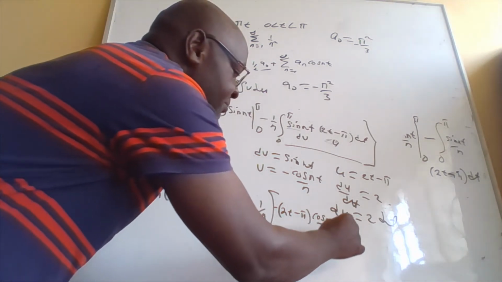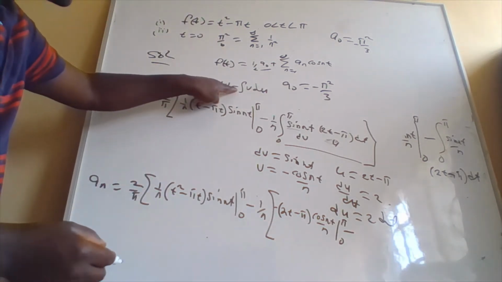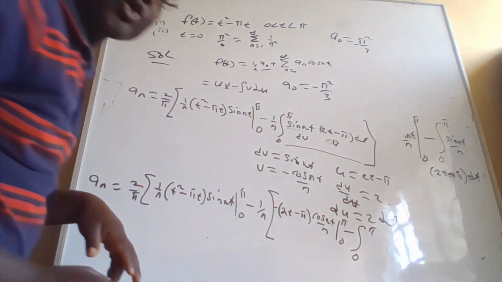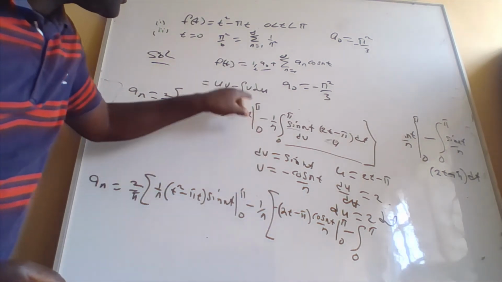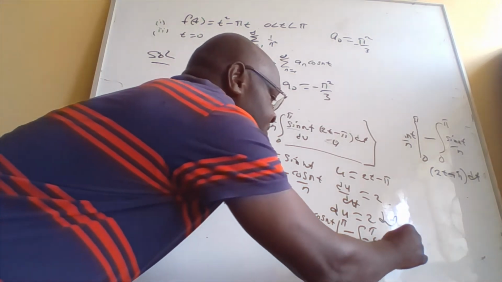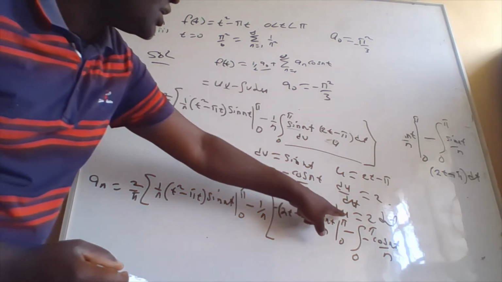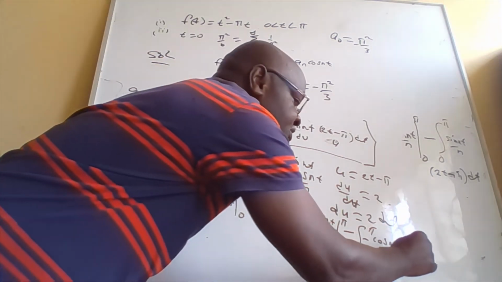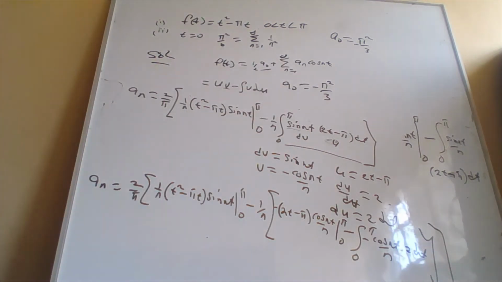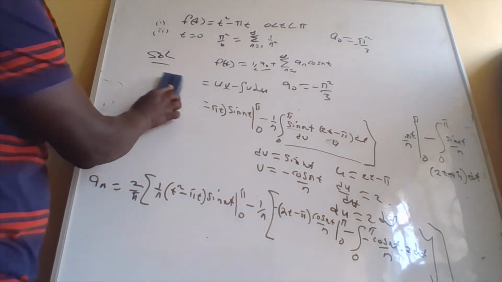Then you remember the limits, 0 to pi, then minus, you maintain this sign, the integral from 0 to pi, and then our v, which is now minus cos nt all over n, then our du equals 2 dt, like that.